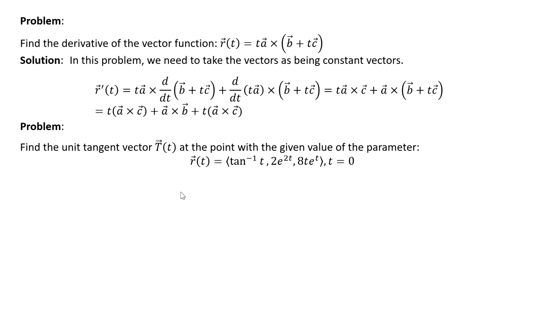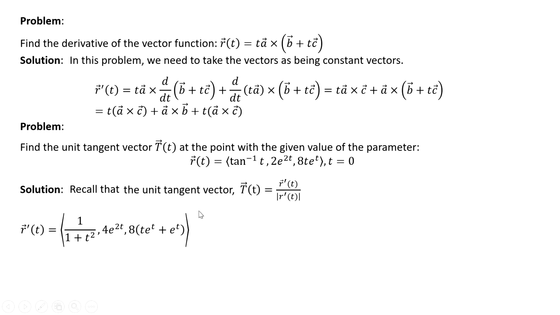So in order to find T at 0, we find r prime of t first, and then evaluate it at t equal to 0 to get r prime of 0, that's okay. And then divide, of course, by the magnitude. That's going to be our strategy.